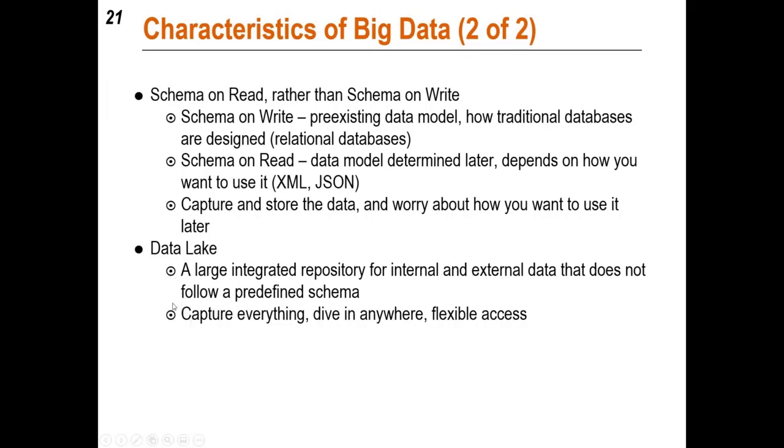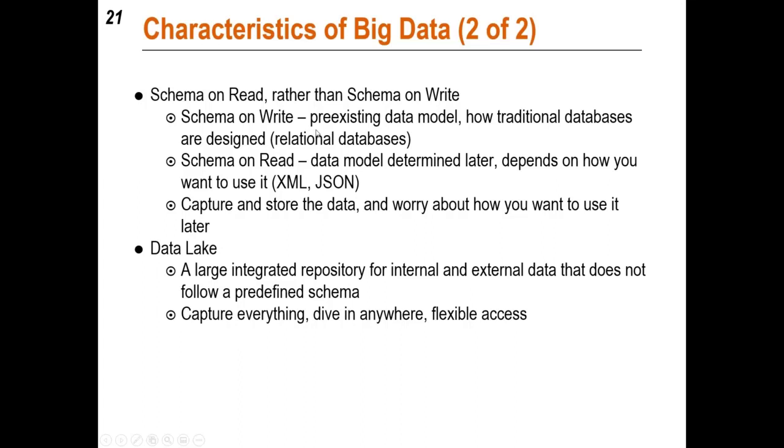When you design big data technologies, the schema has to be schema on read rather than schema on write. Schema on write means we create a pre-existing data model. For example, when you design your ERDs or create the tables, we first design the ERDs.